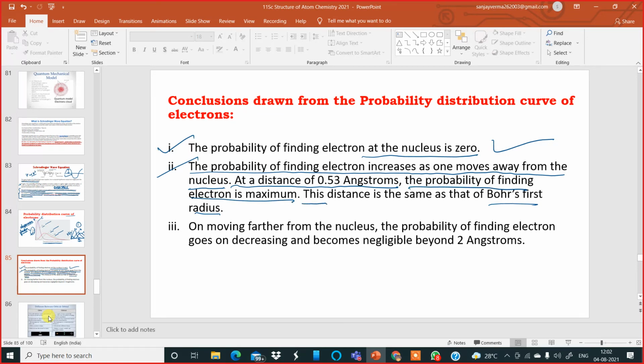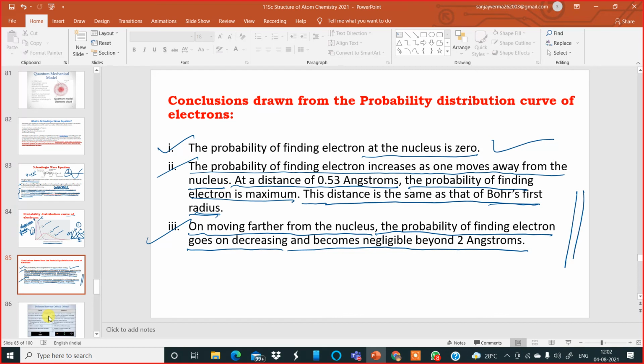After that, on moving farther from the nucleus, the probability goes on decreasing and becomes negligible beyond 2 angstrom. These are the important conclusions drawn from the probability distribution curve you just saw in the previous slide.